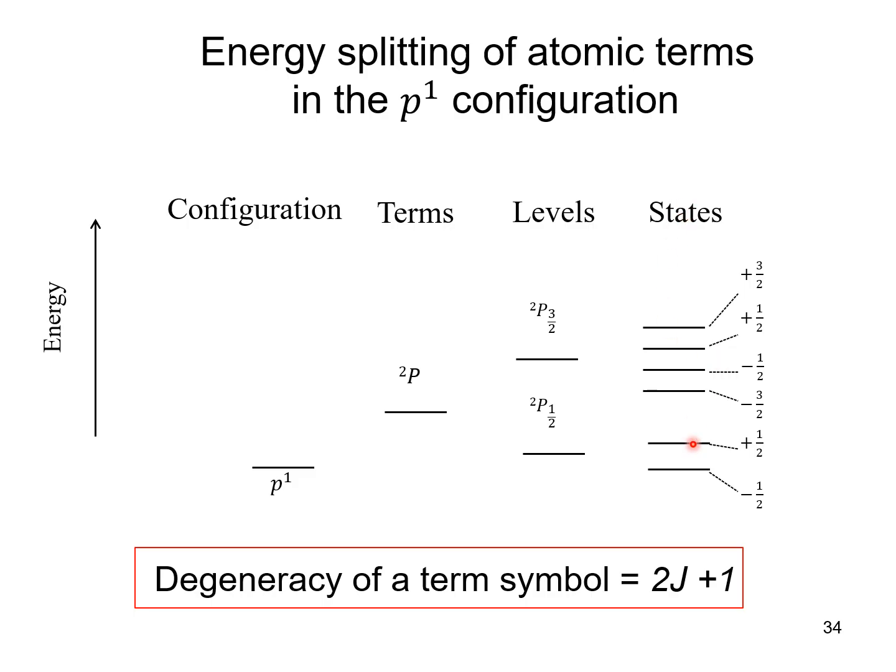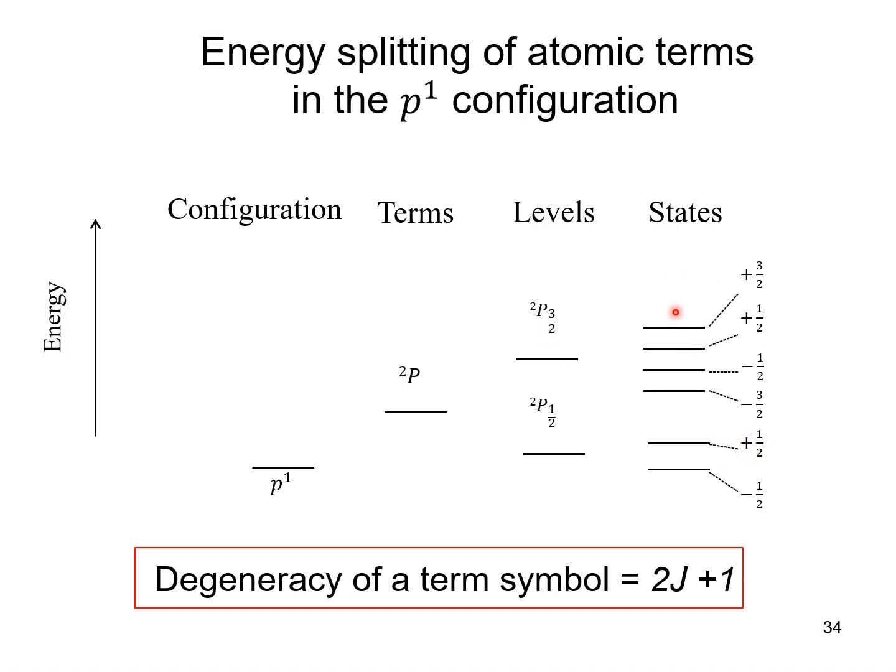And this state here is the effect of the magnetic field. If the atom is exposed to the magnetic field, then the levels with the same value of L, S and J, but different in the value of Mj, will be split further. The doublet P 1 over 2 will be split into Mj minus 1 over 2 and plus 1 over 2.